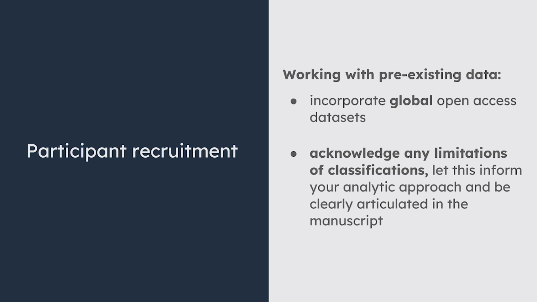So it's important to consider that. It's also really important to interrogate the classifications that are present in the data. So how have they defined sex, gender, socioeconomic status, and what does this mean for your analysis methods and then your interpretation of your results?